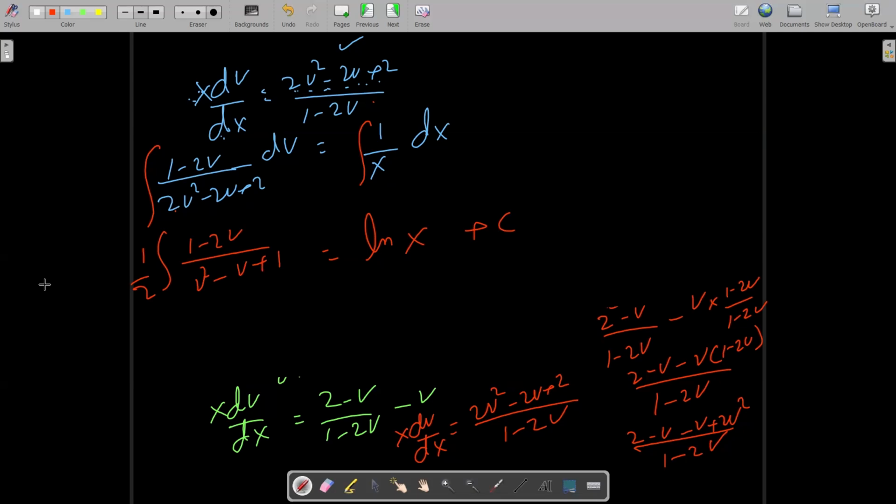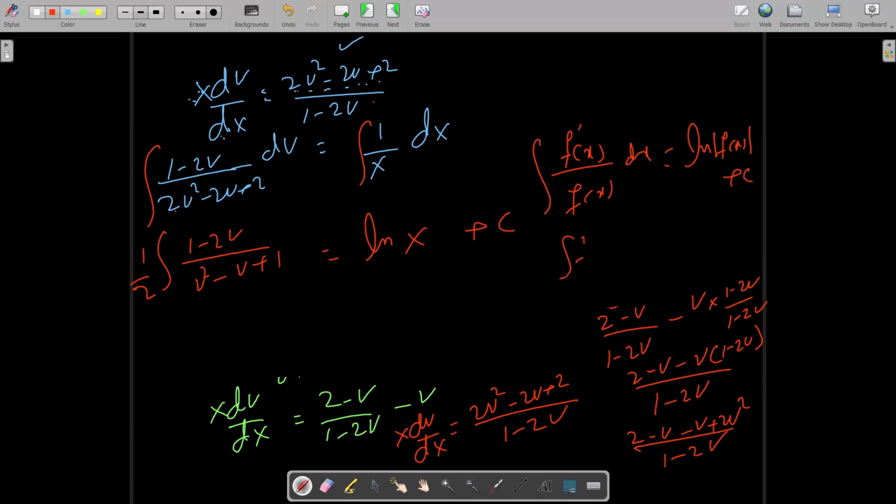So we can use the substitution method to solve this integral, or you can use the direct method. The formula for that is, I think you've learned, whenever you have a function at the bottom and its derivative exists on the top, its integral would be the natural log of the lower function plus c.